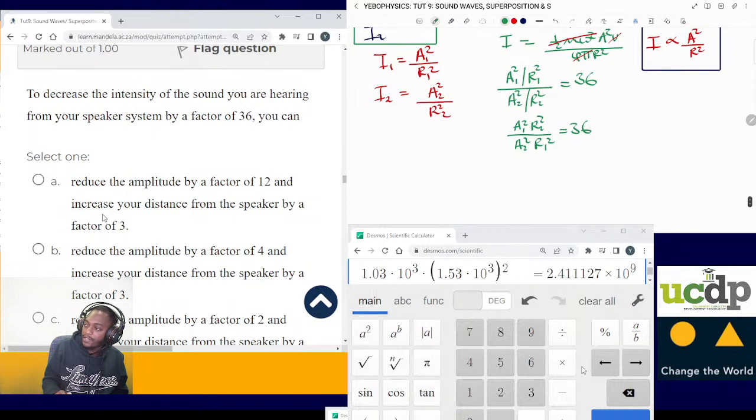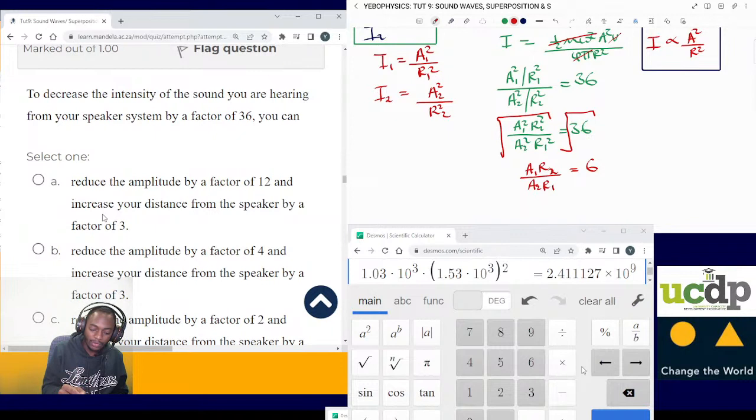Applying the square root on both sides, it means A1 R2 over A2 R1 is equal to 6, because taking the square root on both sides cancels out the square.